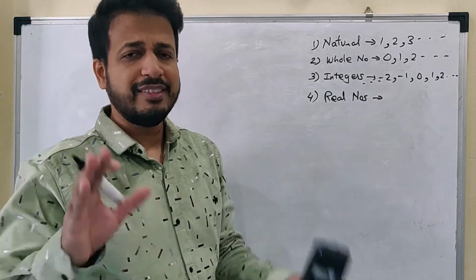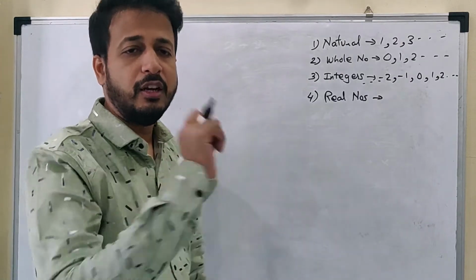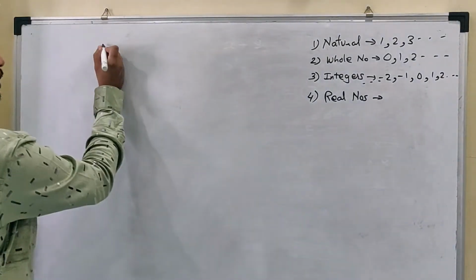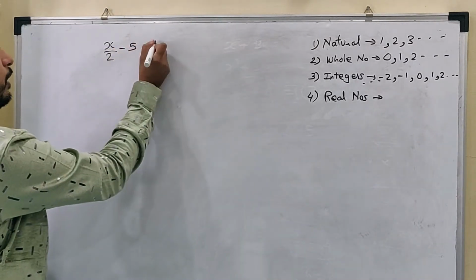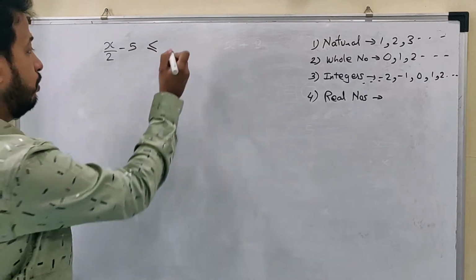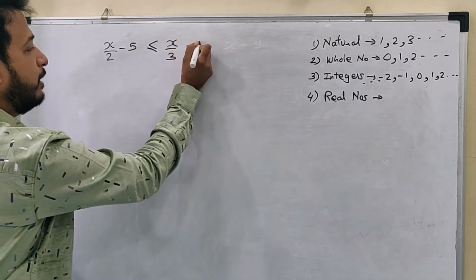The linear inequation is solved similarly to how you solve equations, right? So let's see how we'll solve it. Suppose my inequation is x by 2 minus 5 less than or equal to x by 3 minus 4.